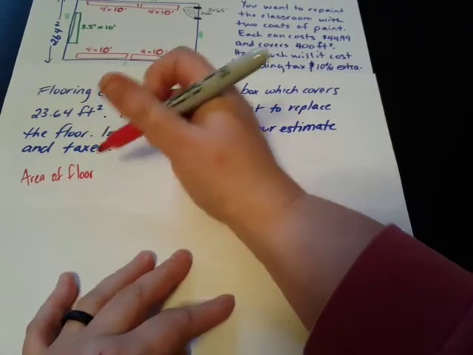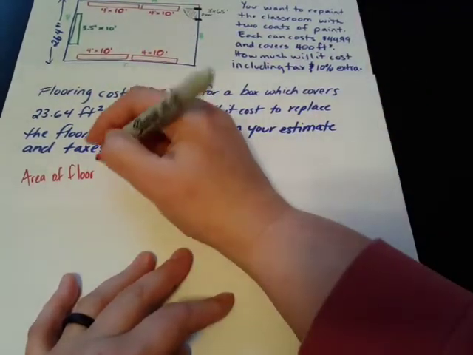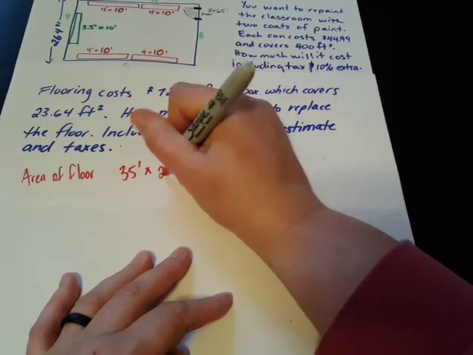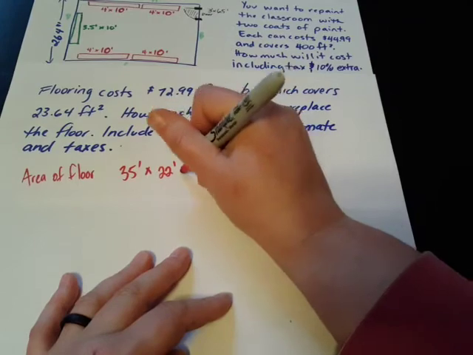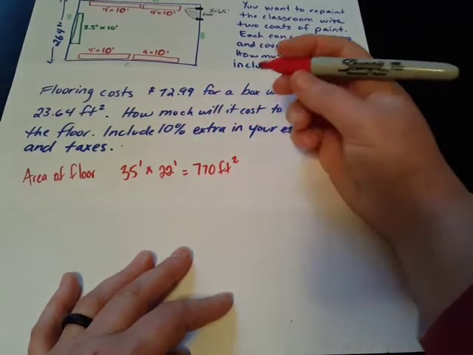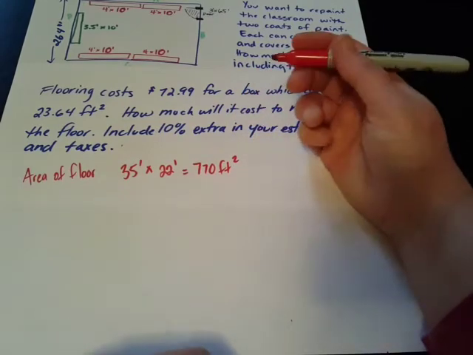And so we know previously that we had already done that conversion, that it's 35 feet by 22 feet, I should say. So we have 770 square feet.